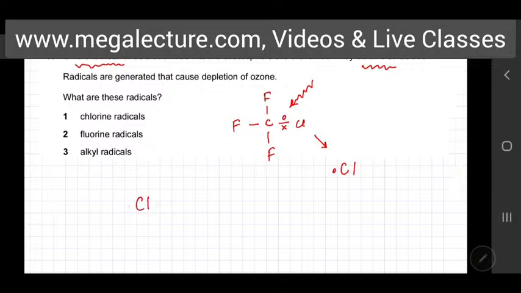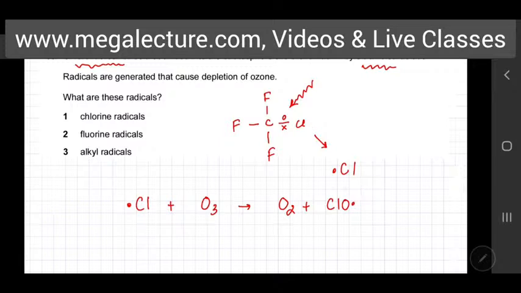What they do is that they are short of one bond. A radical is a very reactive species because its bonds are not complete. So they react with ozone, and when they react with ozone, they break it down into O2 molecules, and a ClO radical is produced. Again, this is a radical because the oxygen bonds are not complete.